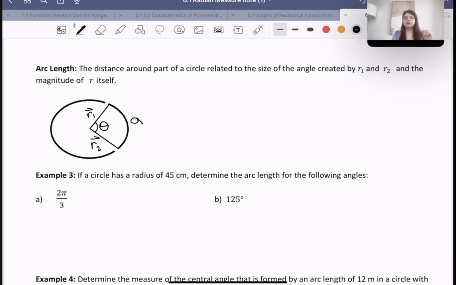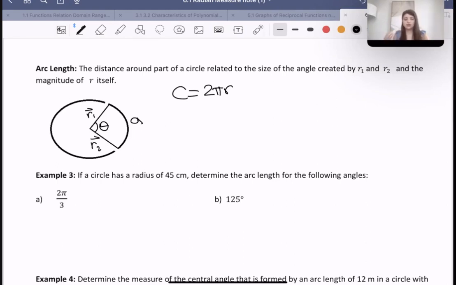And so we know in general that the circumference is 2 pi r, correct? We know that's the circumference. But what we need to know is how many degrees or radians over the full circle do we have, right? Is this a quarter of the total circumference?